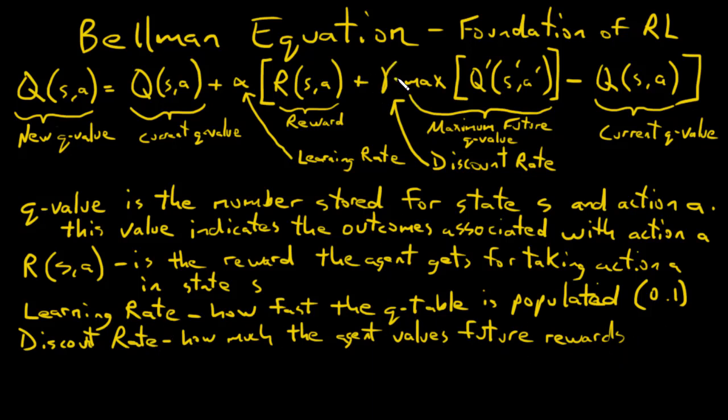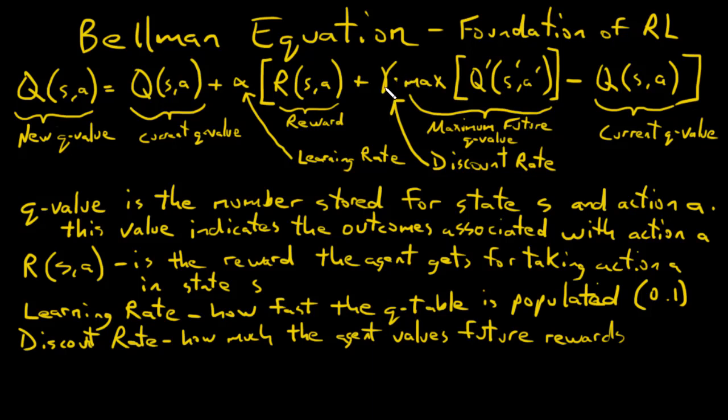When I put this percentage in, I'm saying how much I value this future reward that's going to be kicking in right here. If I do a 0.9, I place a high value on future rewards. What is that going to do? That's going to make me explore more because I want to go to where the future reward is. I want to go see what is the best possible reward that I can get because I'm going to value it highly. If I do a low value for the discount rate, maybe 10%, I don't care that much about future rewards. I'm all about maximizing immediate rewards.